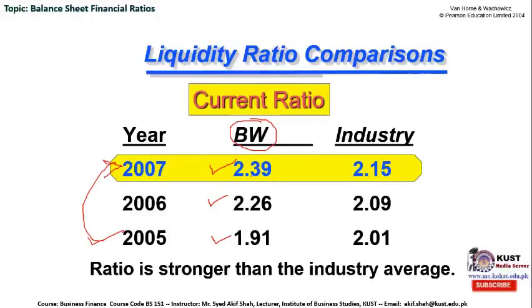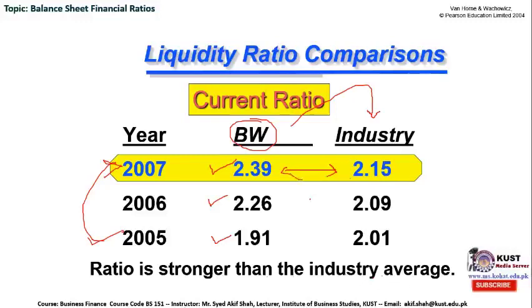Now let's compare Basket Wonder externally with the industry average. The industry average tells us about the mean value of the current ratio of all the companies operating in this particular industry. So we can see that Basket Wonder is performing well above the industry average. The ratio is stronger than the industry average.